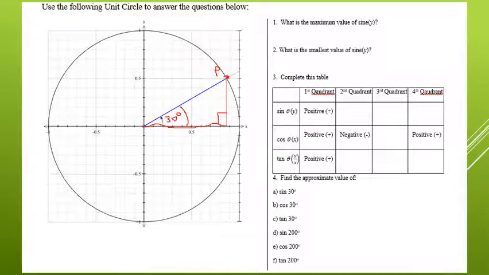Our right angle triangle is there. The definition of sine of the angle is this length here. It's the y coordinate, how high up it is, or what the y value would be at that point. We can read across here on the y scale that it's 0.5. The sine of 30 degrees is 0.5, something we've already learnt from our exact values, that sine of 30 degrees is equal to 0.5 or a half.